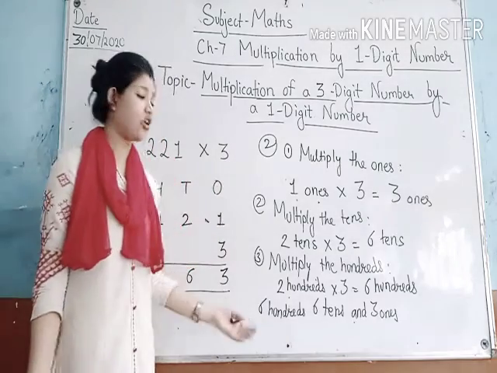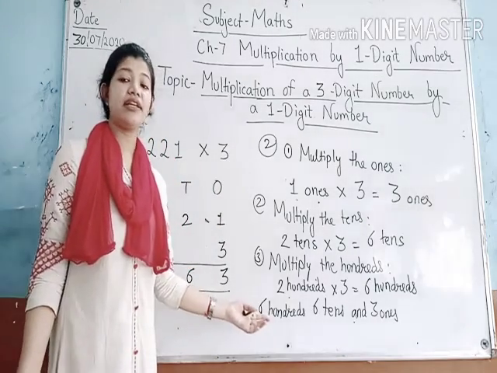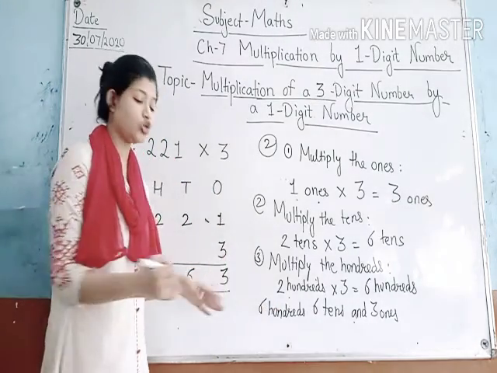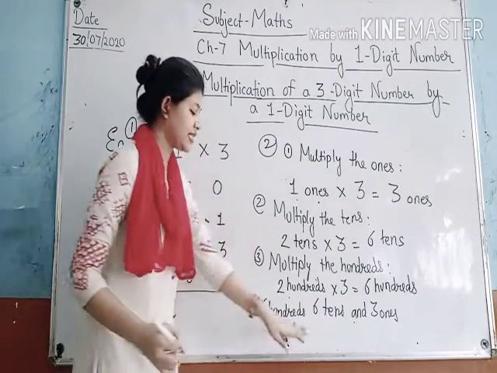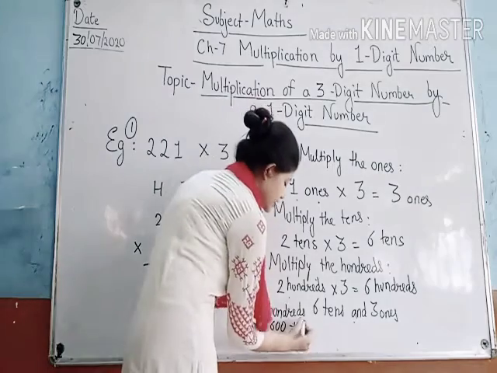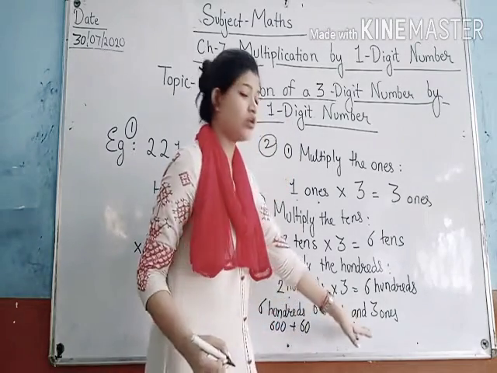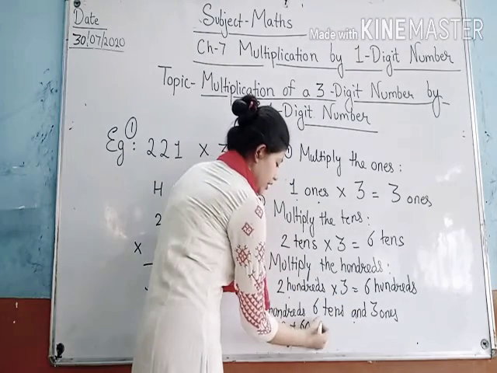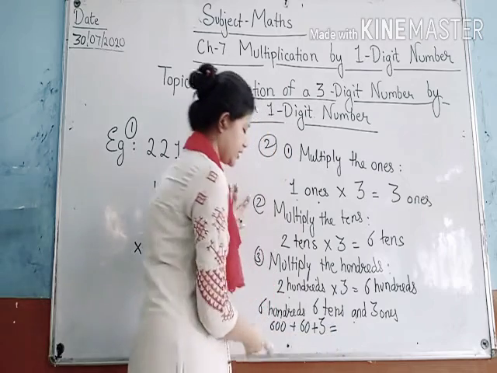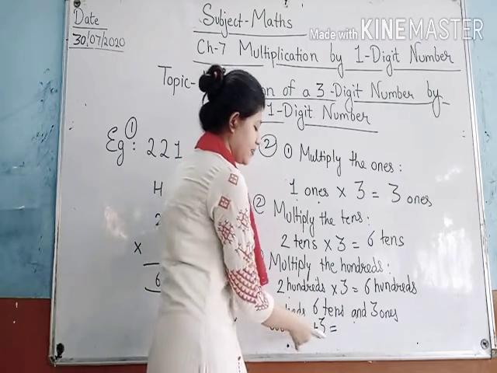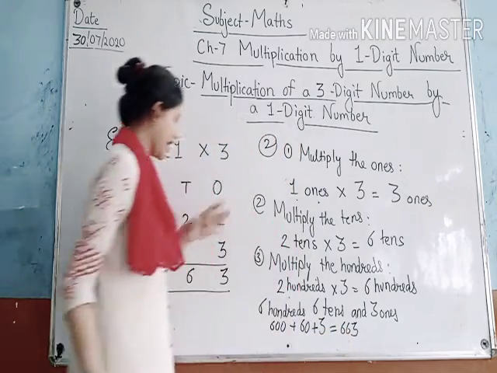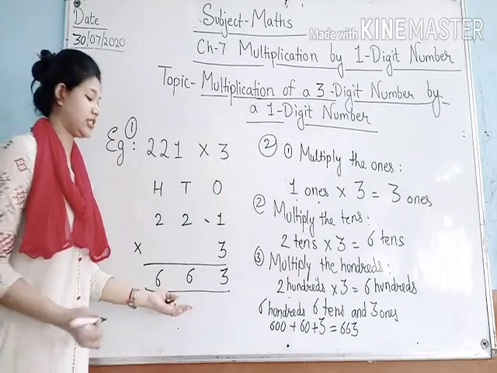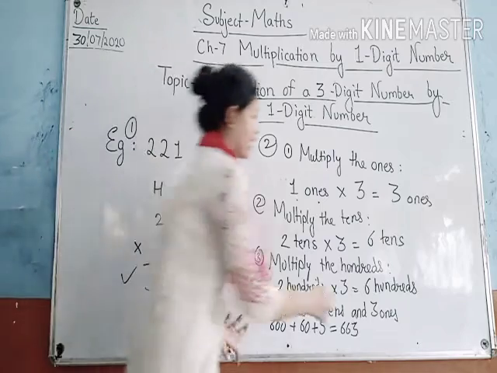This we got as a product, which can be written as 600 plus 6 tens, which is 60, and 3 ones, which is 3. So 600 plus 60 plus 3 will be equal to 663, and you can see that we have got the same product in both methods.